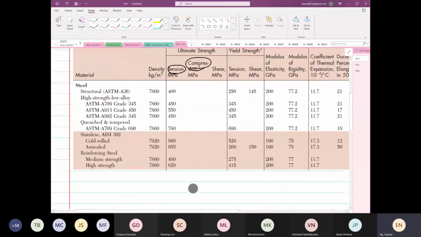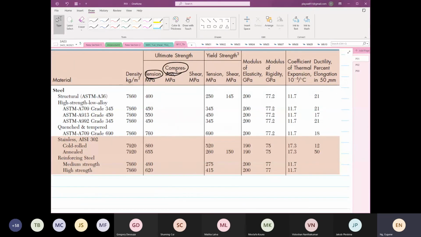Now the next thing comes. If you look at any of these tests, I repeat again, the loading is always unidirectional.